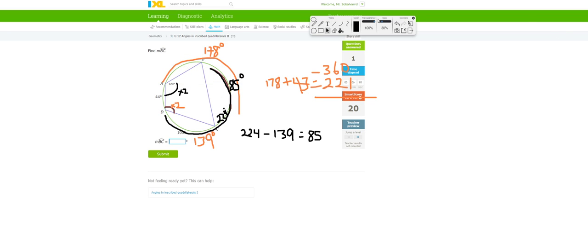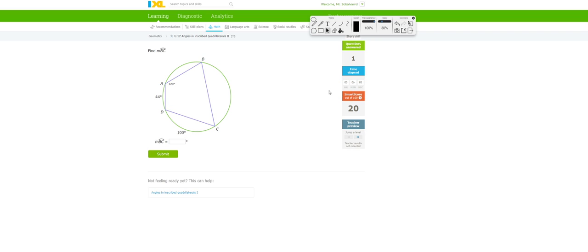There it is. All right, now let's try this one. Notice they give you that arc AD is 44, DC is 100, and they give you an inscribed angle, which means with this angle I could get from B all the way to D. From D to C is 100.